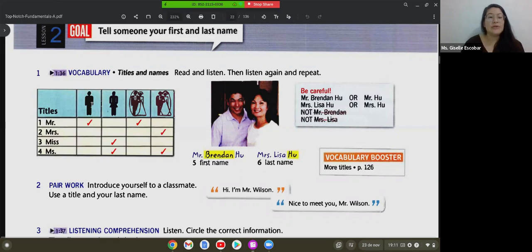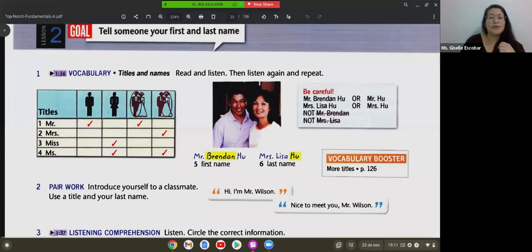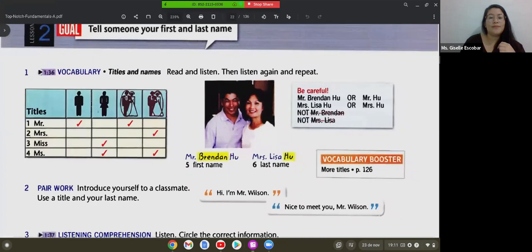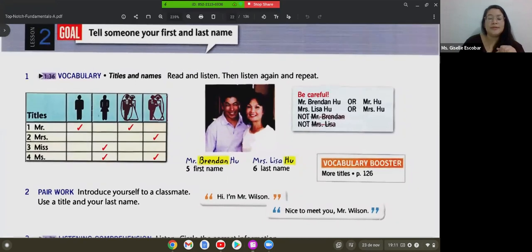So if you take a look here, señor, it's a man, and it's what? Casado, right? Can you hear me? Yes. Okay, so señor, it is used for men and married people. Well, married men in this case.